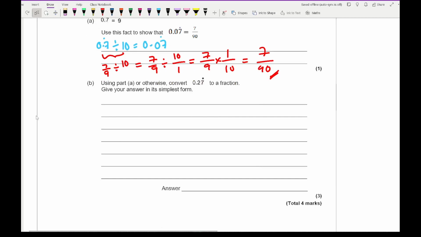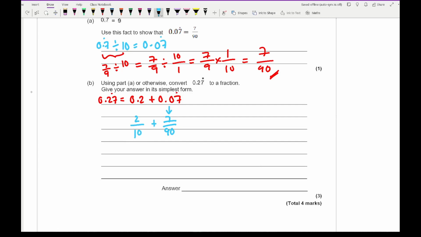So again, that's one way of working this bit out. Then it says using part A or otherwise convert 0.27 recurring into a fraction. I'm going to use the result in part A. What we've got is 0.27 recurring is equal to 0.2 plus 0.07 recurring. We know from part A this is 7/90, and we convert 0.2 to 2/10.